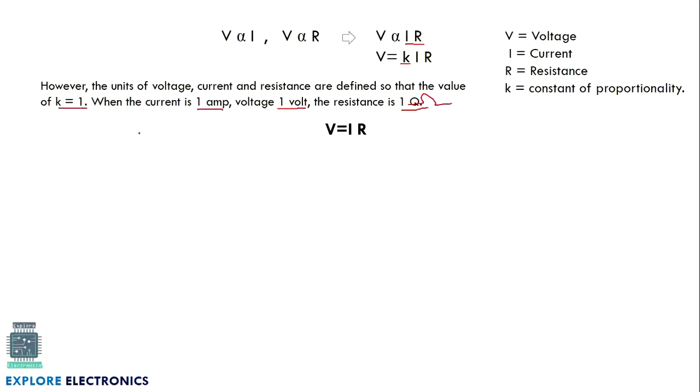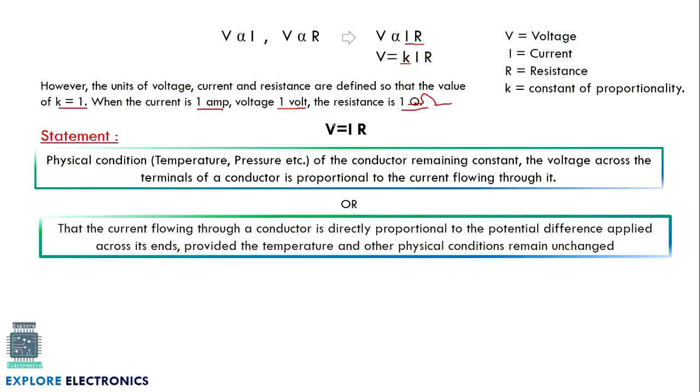What it is indicating is that V is equal to IR when the physical condition of the conductor remains constant. When the physical condition is constant, meaning the temperature and the pressure are constant, we can say K is equal to 1. So the expression becomes V is equal to IR. The statement says, the physical conditions of the conductor remaining constant, voltage across the terminals of a conductor is proportional to the current flowing through it.